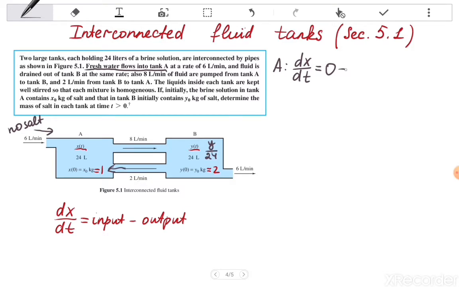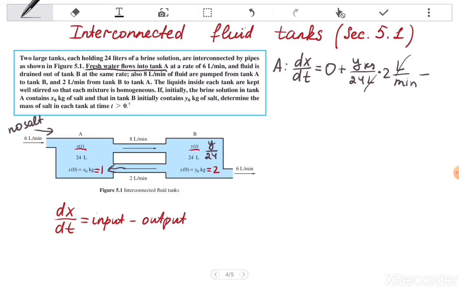So if we write this as kilogram per liter and multiply by the velocity 2 liters per minute, we get kilogram per minute, right? So these liters will be cancelled. And indeed we need kilograms per minute, because x is in kilograms and time is in minutes. So the input rate now is y over 24 times 2 kilograms per minute.